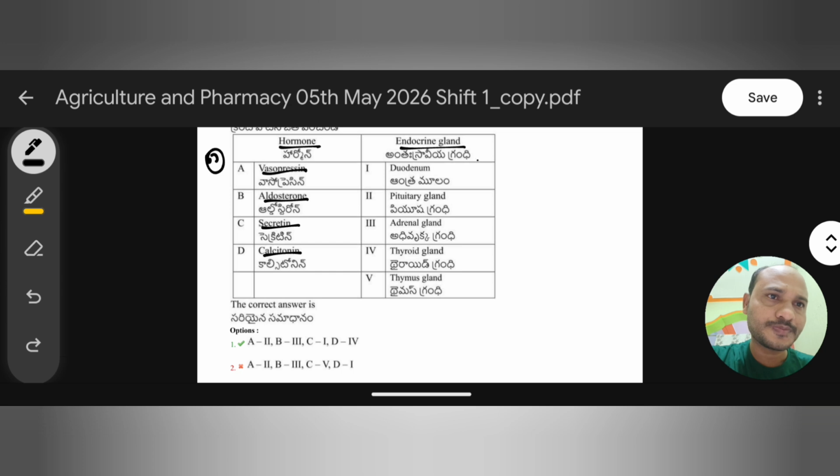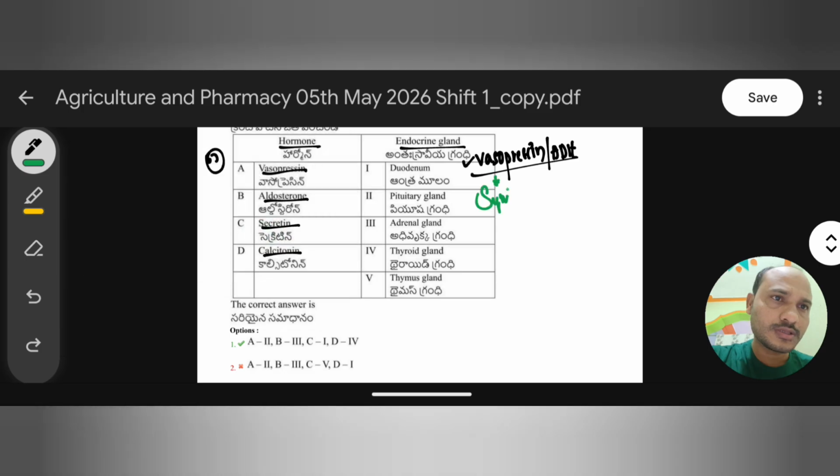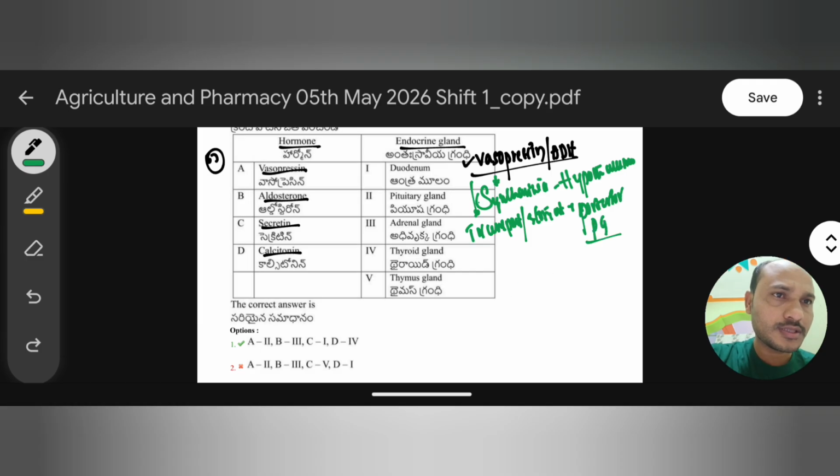Vasopressin is also known as ADH, antidiuretic hormone. It is synthesized in the hypothalamus, but transported and stored in the posterior pituitary gland.